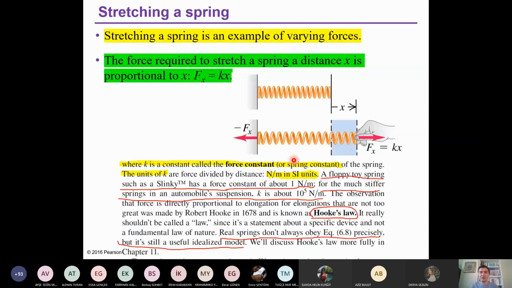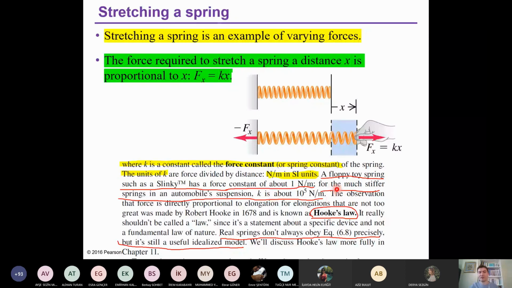For example, a floppy toy spring such as a Slinky has a force constant of about 1 Newton per meter. But for the much stiffer springs in an automobile's suspension system, k is about 10^5 Newton per meter. So this rule here, Fx equals k times x, is known as Hooke's law, okay?